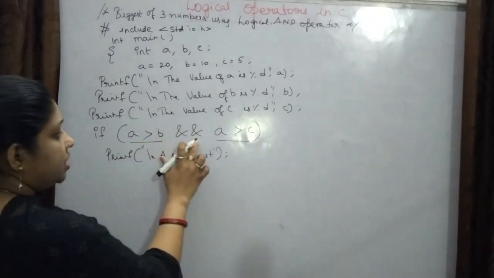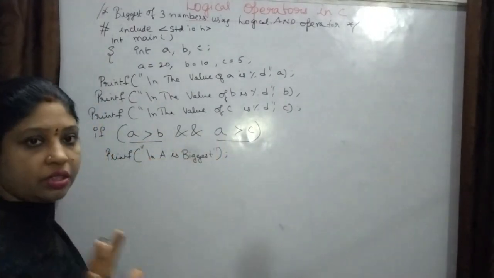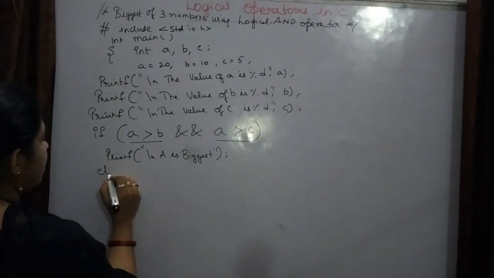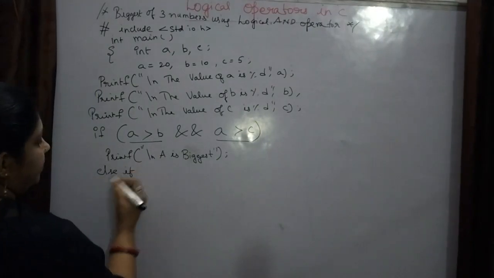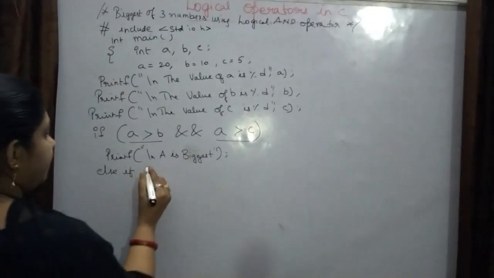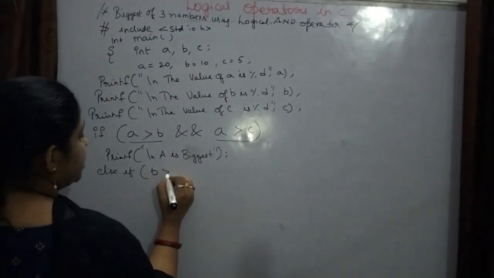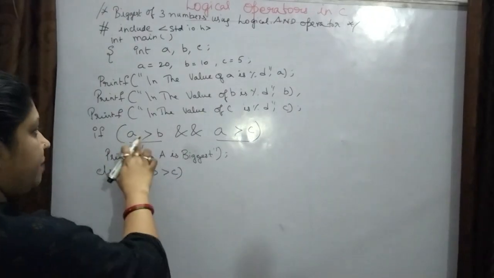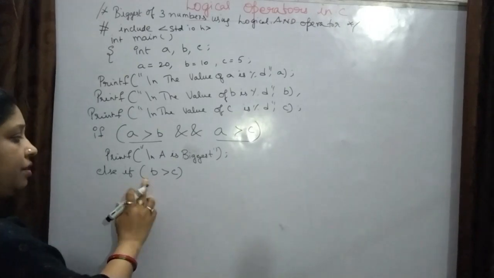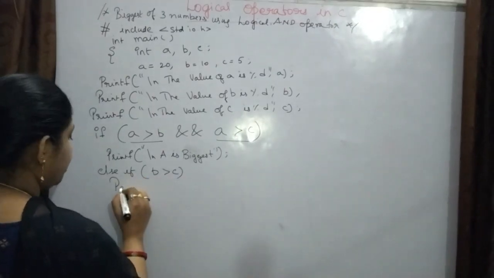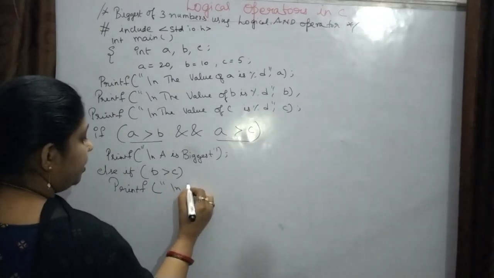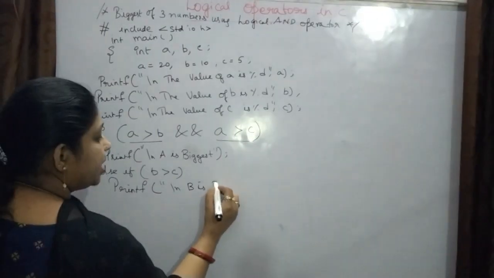Suppose one of the conditions is not satisfied, then it has to come to the else if condition. One more condition I am writing here: else if b is greater than c. That means we have already checked a here, now we are giving the condition for b. If b is greater than c, then printf, b is biggest.